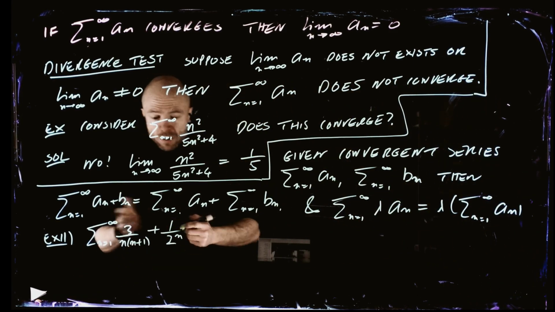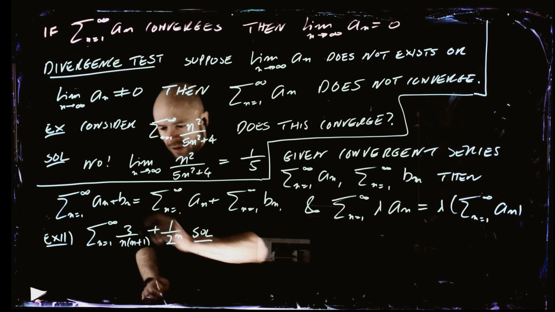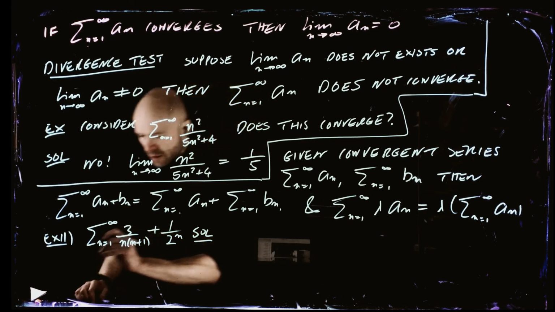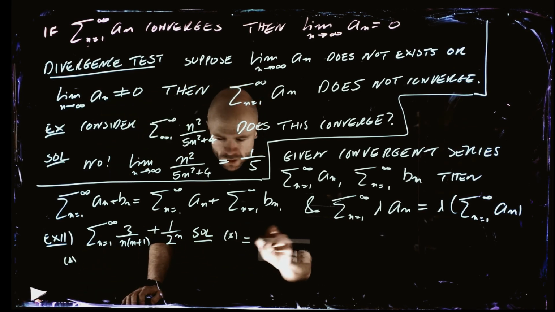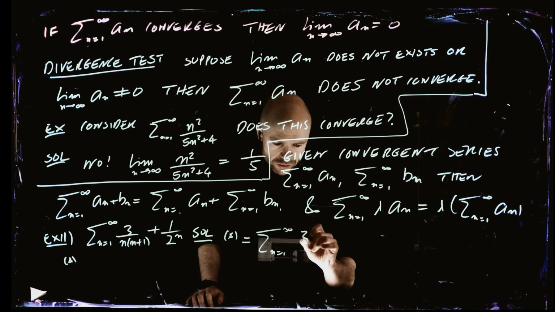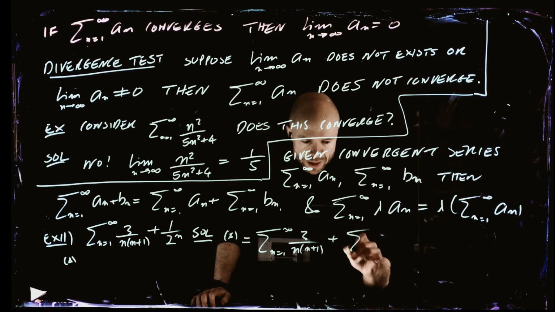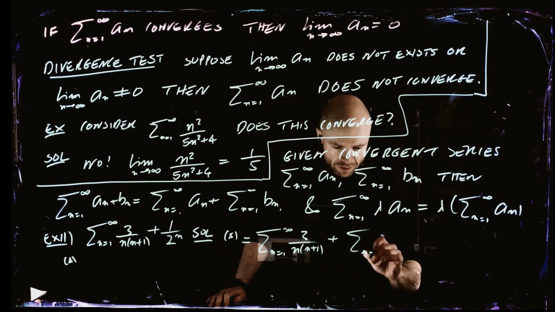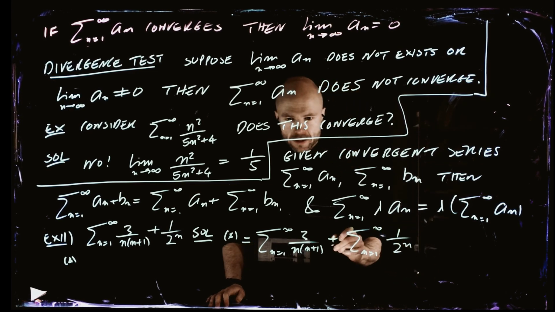Yeah? However, because of this stuff we've just seen, let's call this thing star. It is the sum from n equals 1 to infinity of 3 over n to the n plus 1, plus the sum from n equals 1 to infinity of 1 over 2 to the n. Yeah?